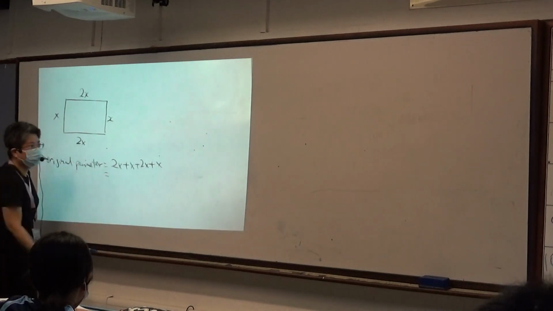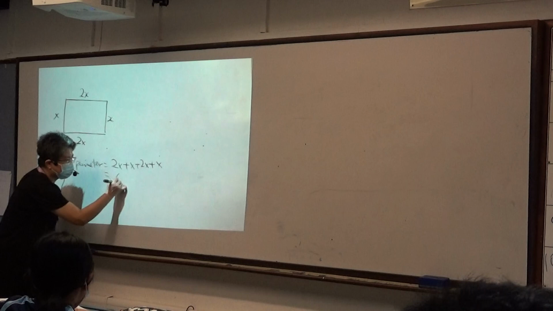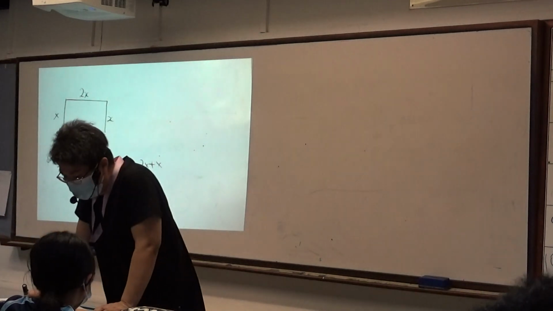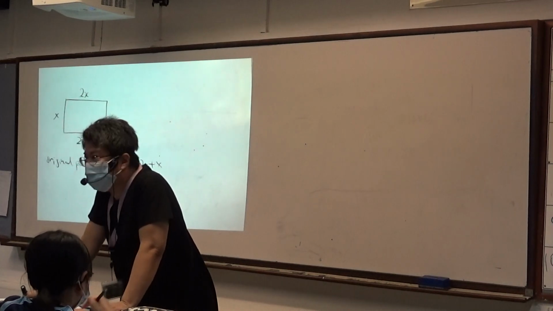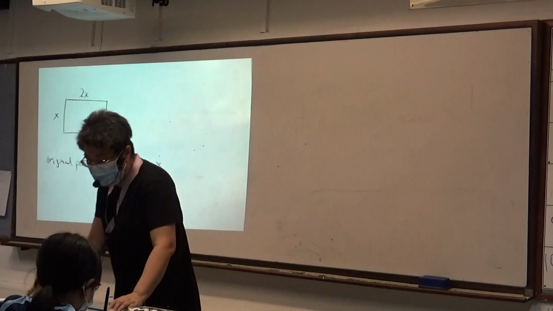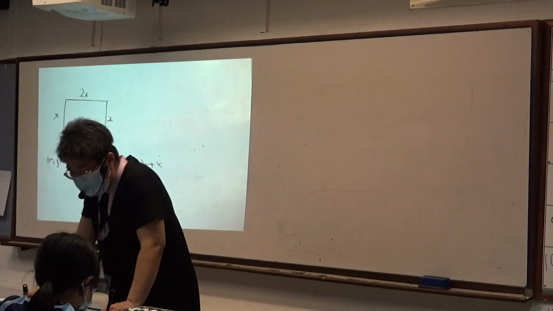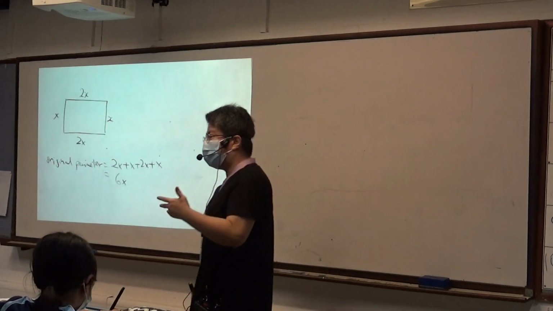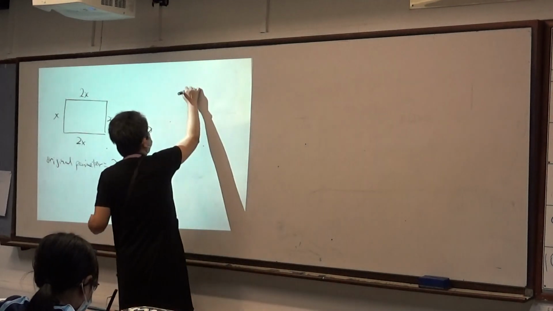All together, how many x? 6x. Okay? All together 6x. Everybody okay? Can or cannot? Can. Now, they say the length is increased by 10%, right? Yes or no, class? Increased by 10% means the new length will become what?